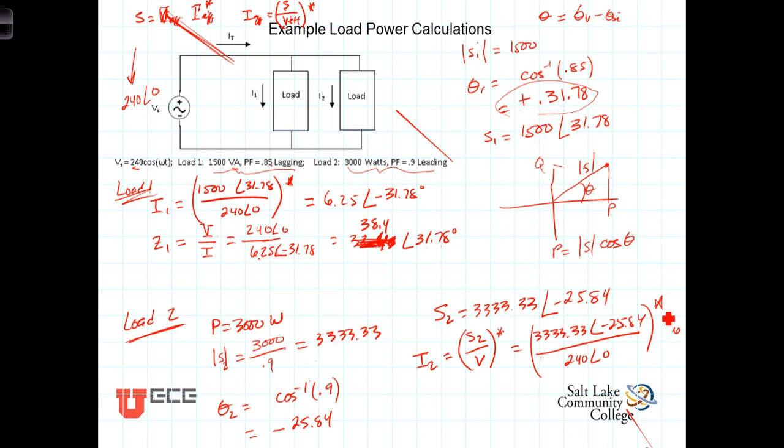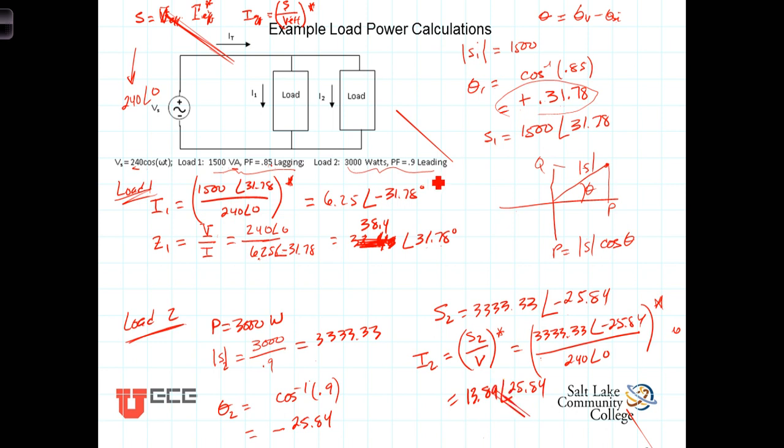And when we do so, we get that I2 is equal to 13.89 angle positive 25.84.